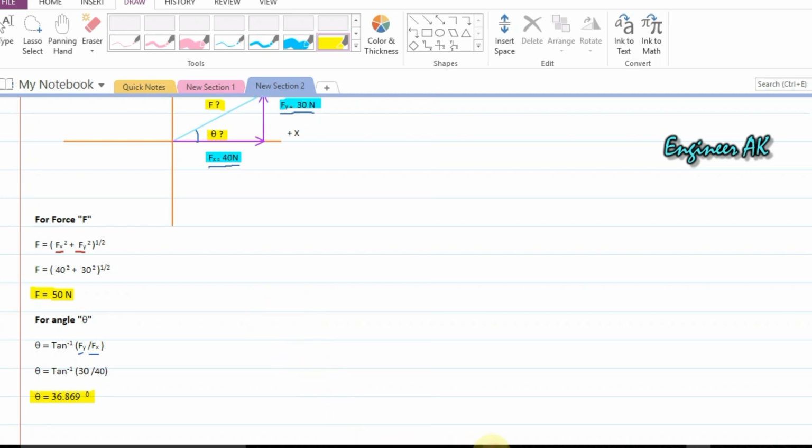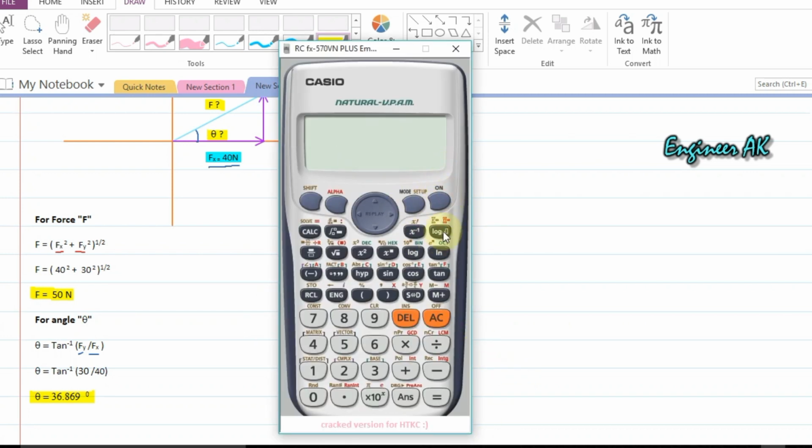Now let's try this using the scientific calculator. As I told you, press shift to activate the brown commands, and then this button where polynomial is written. First insert the x component, which is 40, then shift comma, and then plug in the y component, which is 30, bracket close, and press equals.